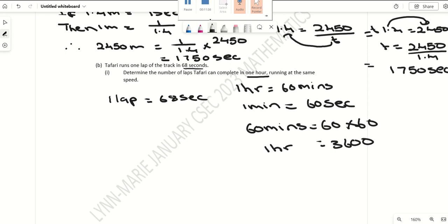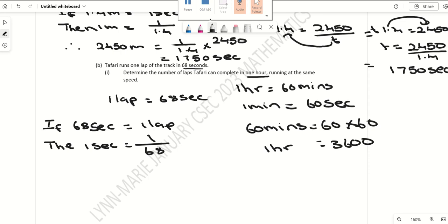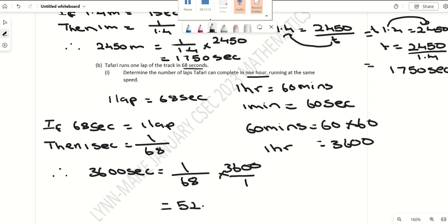So let's do the if, then, therefore. If 68 seconds is equal to 1 lap, then 1 second is equal to 1 divided by 68, and therefore 3,600 seconds is equal to 1 over 68 multiplied by 3,600 over 1, right? Let's do that. That's 3,600 divided by 68, which is 52.94 laps.